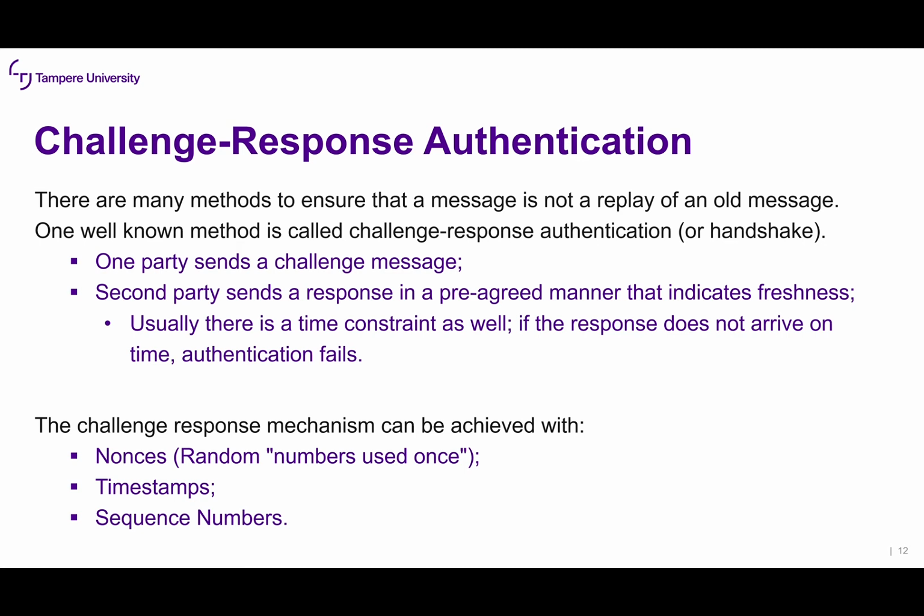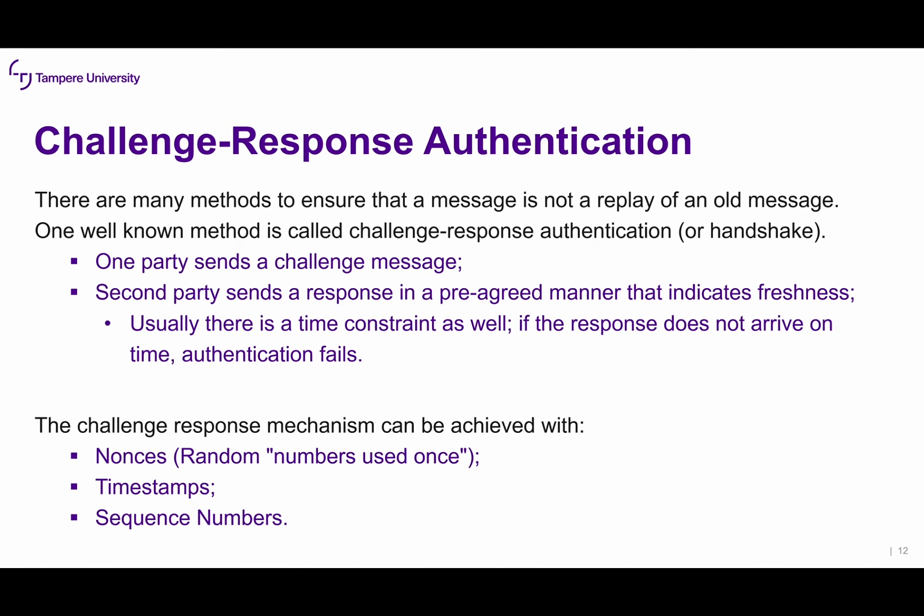A timestamp is just the time from your machine, right? So every time that you send a message, you also attach the time from the machine's local clock. While with sequence numbers, we have agreed that I will send you, for example, number n, and you will have to reply to me by sending me n plus 1.